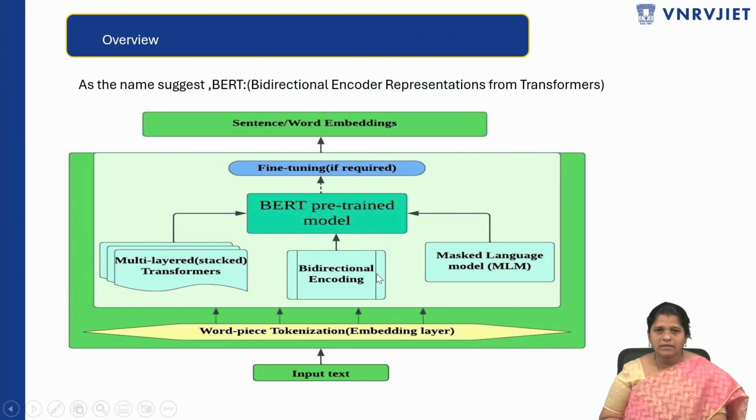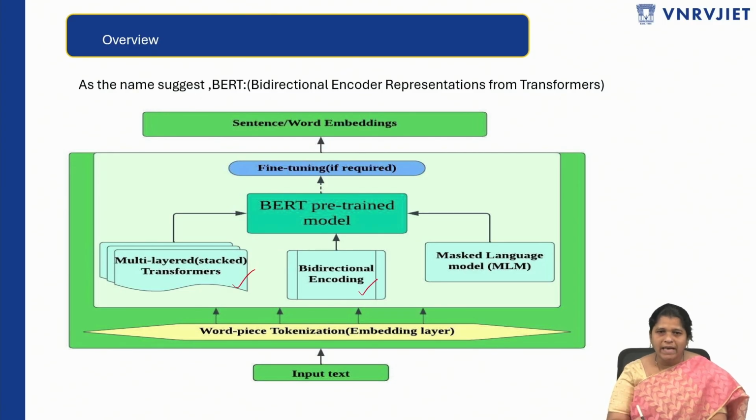As we can see in this diagram, we have the BERT model which is being processed and mapped to the word embeddings from the input text. The raw text that we give is tokenized using WordPiece tokenization. Here the embedding layer is formed, and then we have the multi-layer transformers which are stacked in terms of 12 or 6 layers.